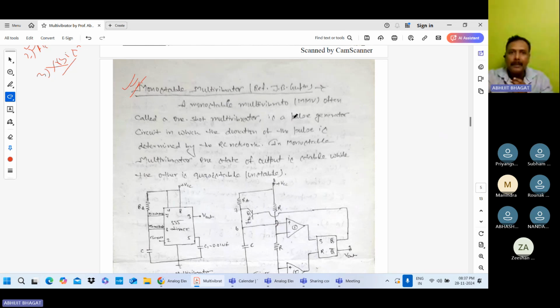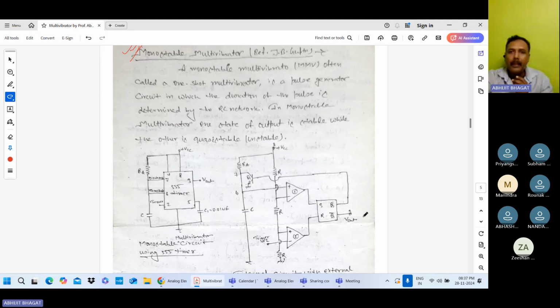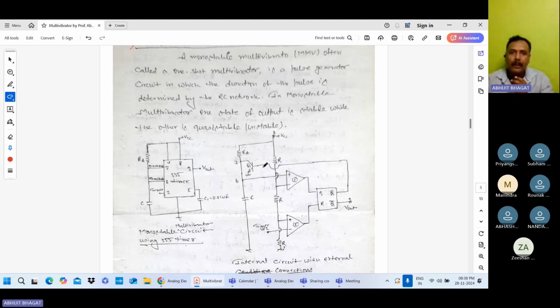It is a pulse generator circuit in which the duration of pulses is determined by an RC network. Here this is the circuit diagram. This part is the internal circuit, and for explaining the working, we take the internal components for discussing the working principle of this monostable. This is the 555 IC, and these are the different pins in the IC.